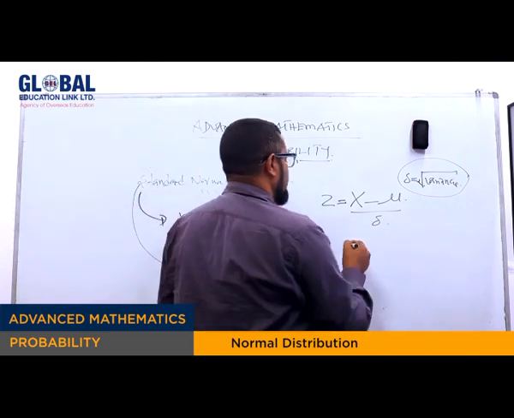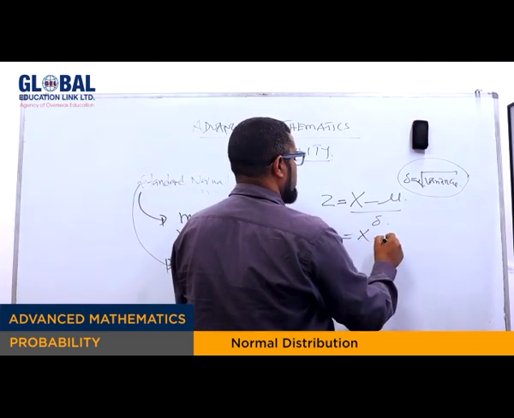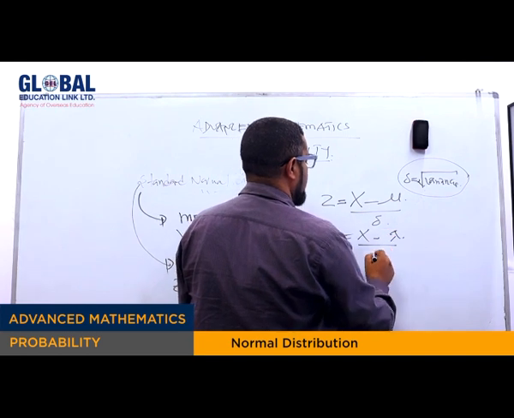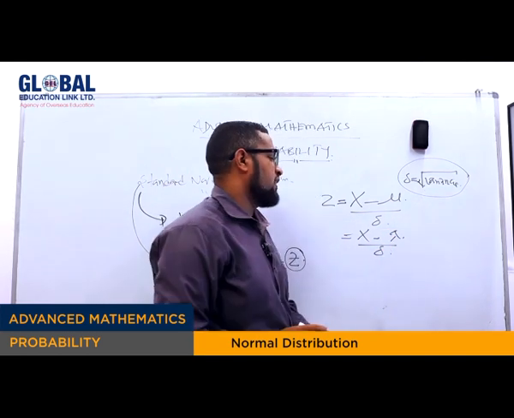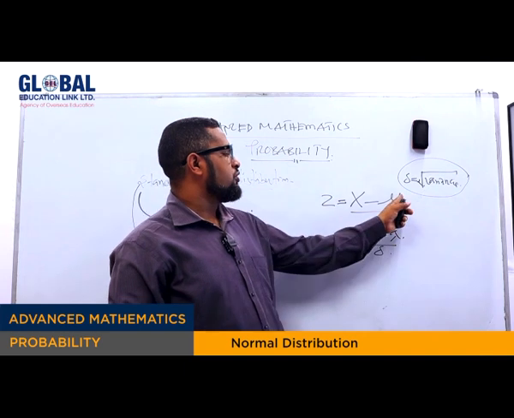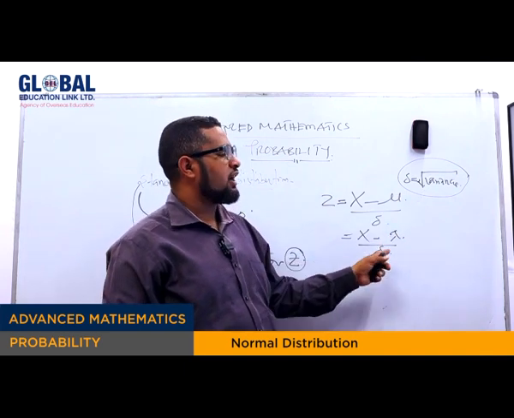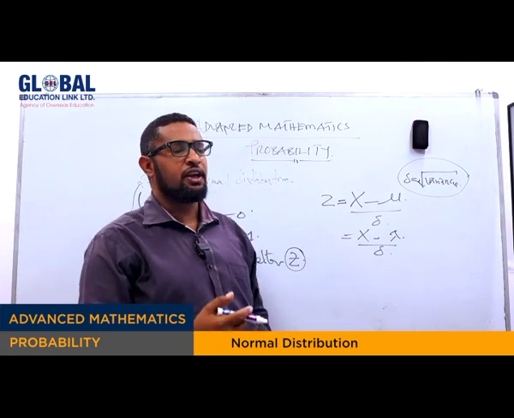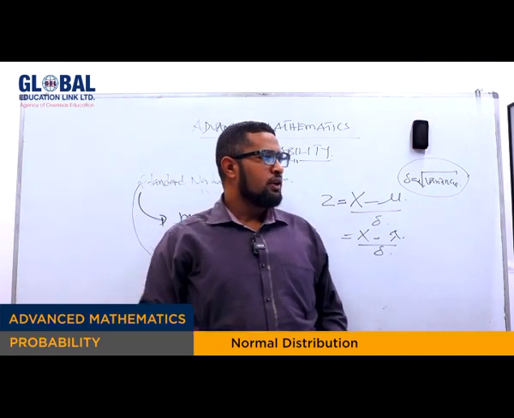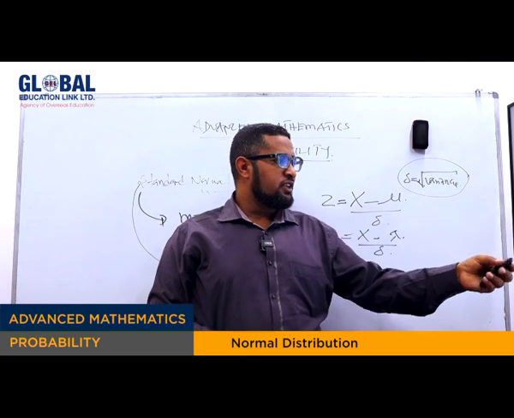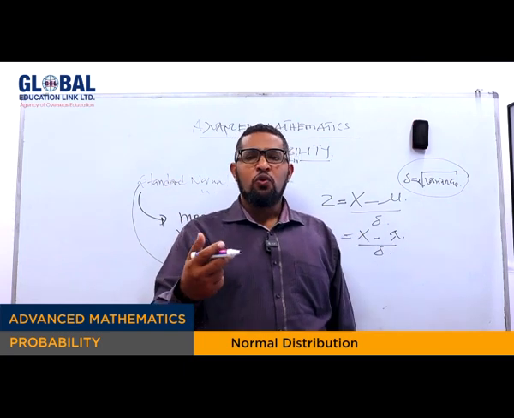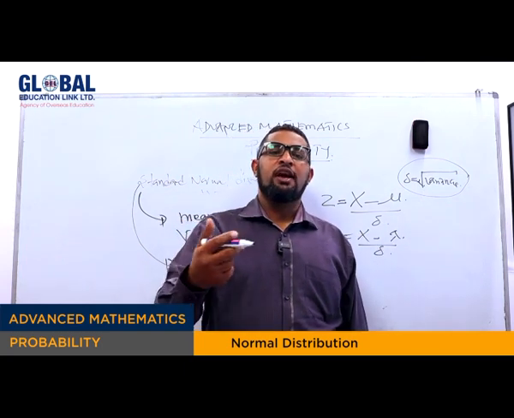Sometimes you can use x minus lambda divided by the standard deviation. All these, mu and lambda, are Greek letters and they have their meanings. Now, let's see how you can standardize a given mark.